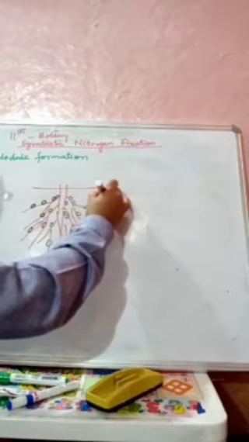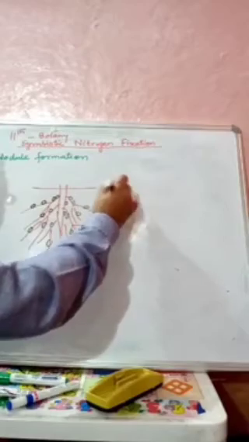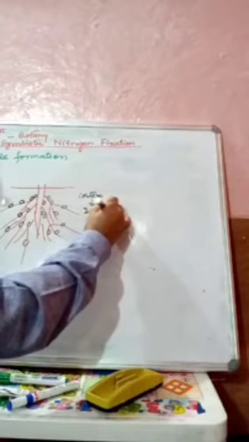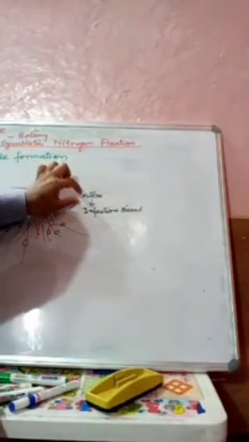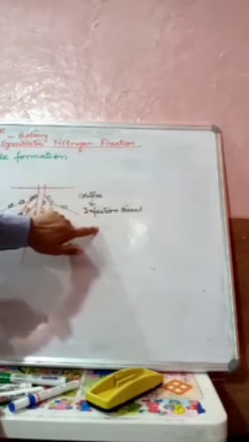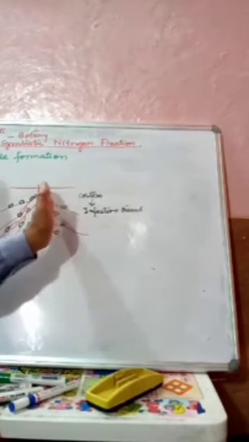How? It makes its way into the root cortex through the infection thread. Rhizobium bacteria makes its way into the root cortex through the infection thread. At the same time, we see something else happening.